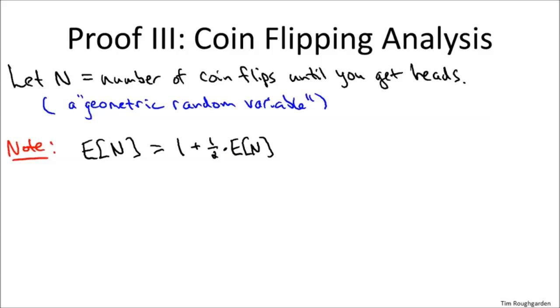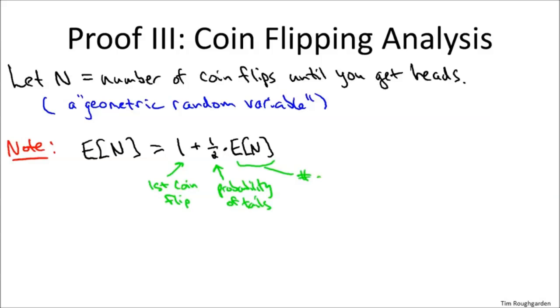So this 1 represents the first coin flip. The 1/2 is the probability that you can't stop, that you have to start all over, probability of tails. And then, because it's a memoryless process, because when you start anew on the second coin flip having gotten the tails, it's as if you're back at time 1 all over again.